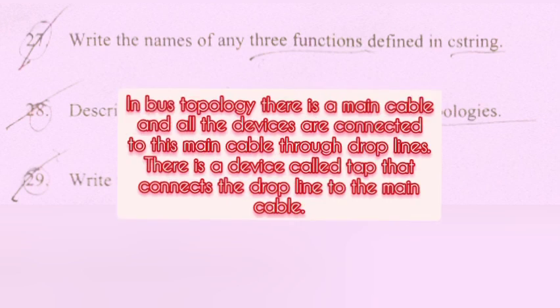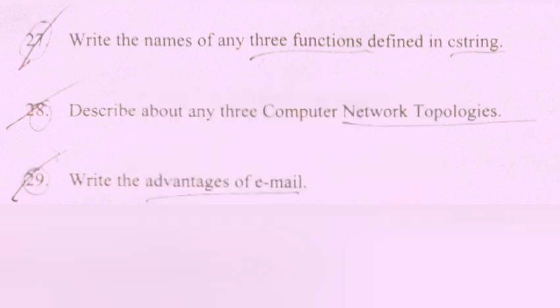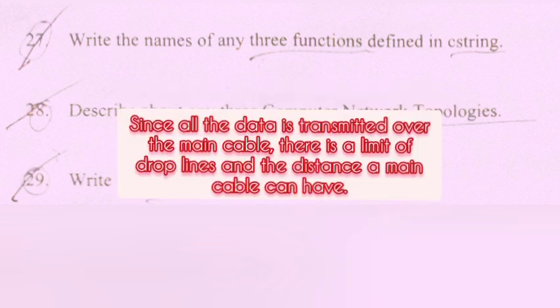When we say dedicated, it means that the link only carries data for the two connected devices only. 3. Bus topology. In bus topology, there is a main cable and all the devices are connected to this main cable through drop lines. There is a device called tap that connects the drop line to the main cable. Since all the data is transmitted over the main cable, there is a limit of drop lines and the distance a main cable can have.